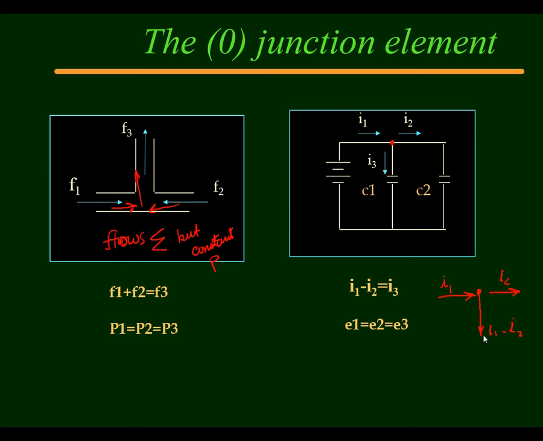Yeah? And that's what you're seeing here. The way you represent this is you say this is a 0 with this and this. That's how we represent this kind of connection. And we only have one more to go, which is the one junction.